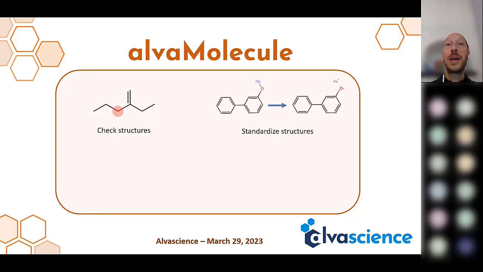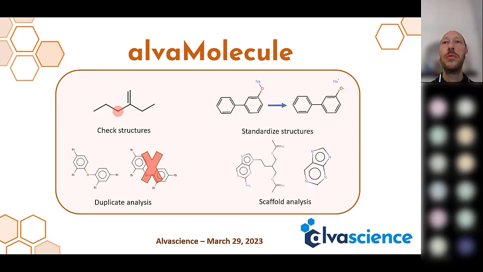This standardization process can be used to fix erroneous representations or to uniform the representation of specific functional groups. alvaMolecule also provides the possibility to identify duplicated structures that are present in your dataset, and that can also be used for exploratory data analysis, like the scaffold analysis. And finally, alvaMolecule can also be used to calculate a set of molecular descriptors and physicochemical properties that can be used to explore your dataset.